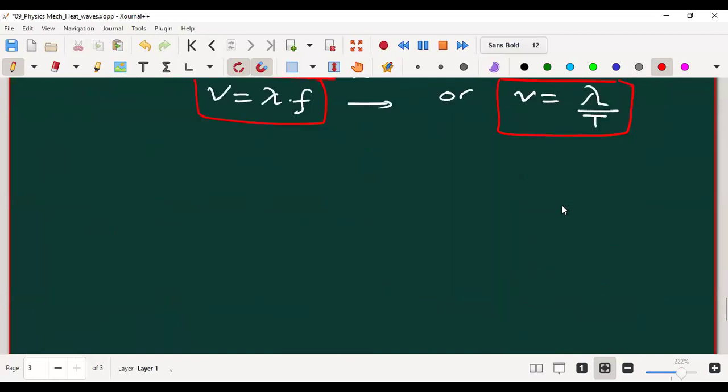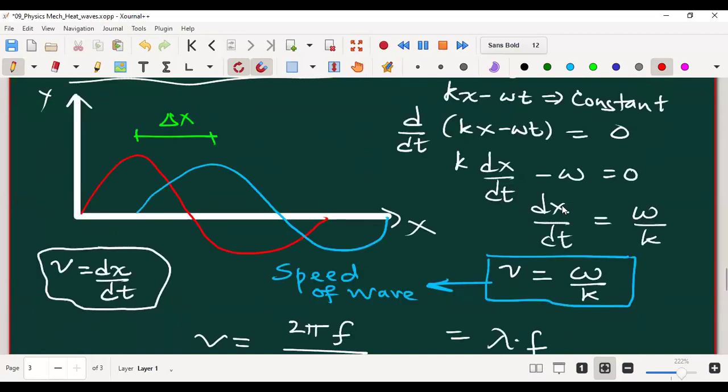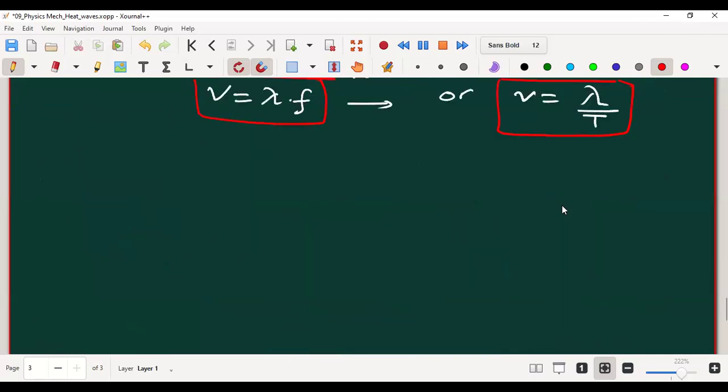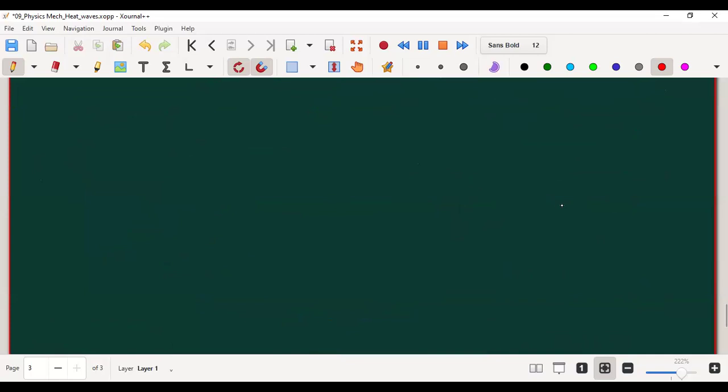Then how to determine the direction of speed, to the right or to the left? For the phase kx plus omega t, this is equal to a constant.